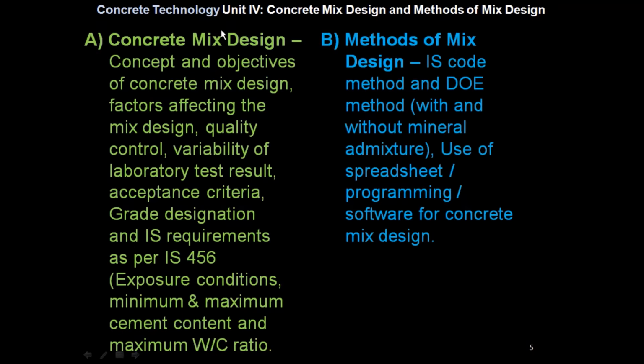This is the syllabus of unit number 4, Concrete Mix Design and Methods of Mix Design. It includes part A, Concrete Mix Design, which includes concept and objectives of concrete mix design, factors affecting the mix design, quality control, variability of laboratory test result, acceptance criteria, grade designations, and IS requirements as per IS 456, exposure conditions, minimum and maximum cement content, and maximum water cement ratio.